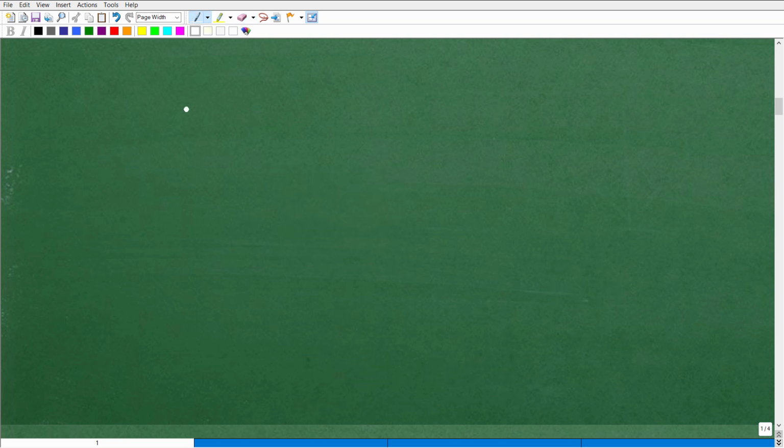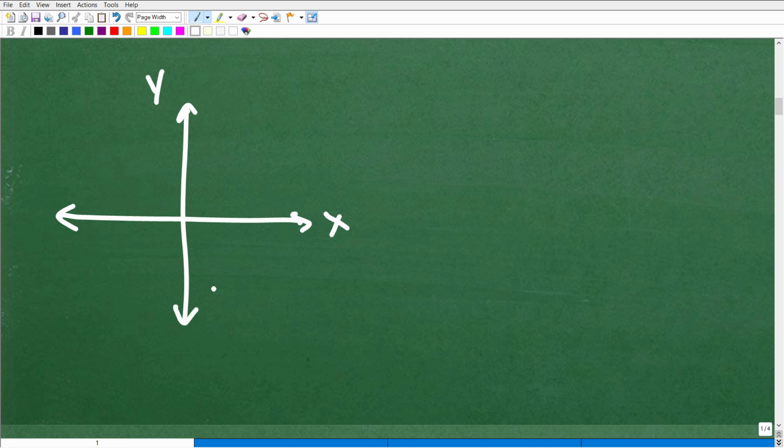There's a couple things you want to keep in mind when you're writing linear models. You have the x-axis and y-axis, because you could graph linear models. You could construct linear models from scatter plots and all kinds of different data. If you're already lost, I suggest that you check out any one of my algebra courses, Algebra 1 and beyond. I'll leave the links to all my courses in the description.